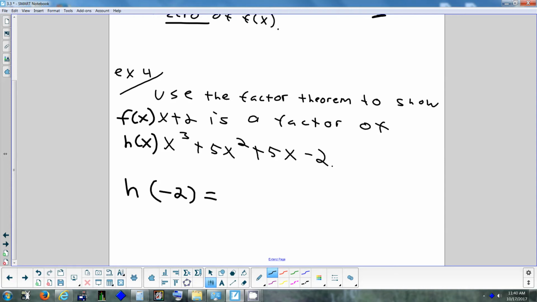-2 cubed. What does that give me? Careful. Negative 8. -8. -2 squared gives me 4 times 5? 20. 20. Caitlin, what's 5 times -2?